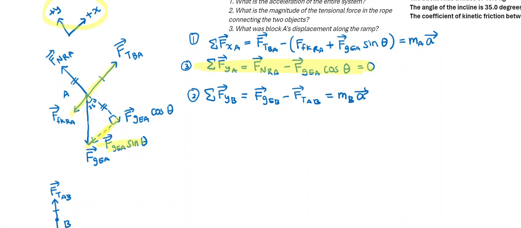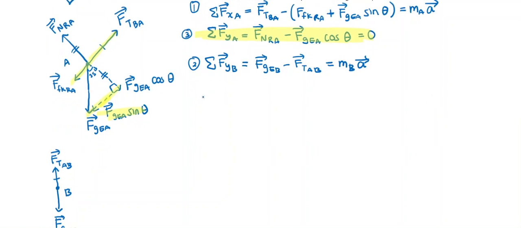So just like before, I'm going to rewrite this and I'm going to expand equation 1 to get rid of the brackets. So tension minus friction minus gravity equals net force.